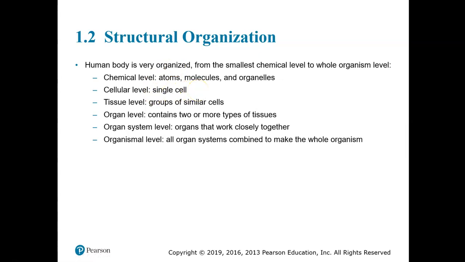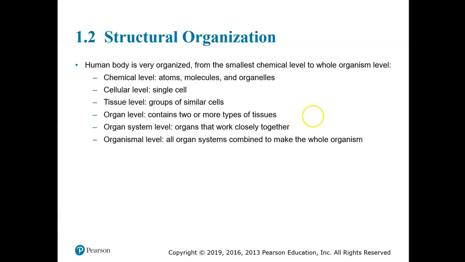And then the tissue level is groups of similar cells. In humans, we have 4 different tissue types. Those different tissues group together to make up our organs. And our organs always contain at least 2 tissue types, but many times an organ will have all 4 of the tissue types.